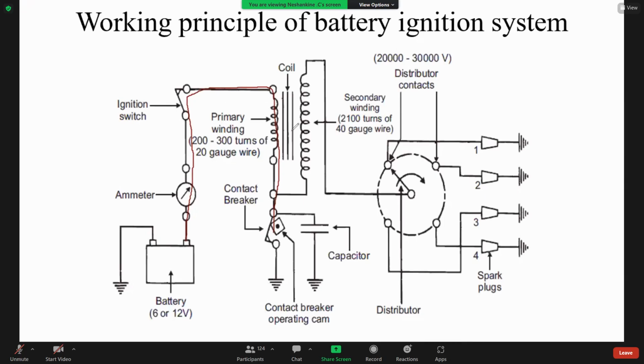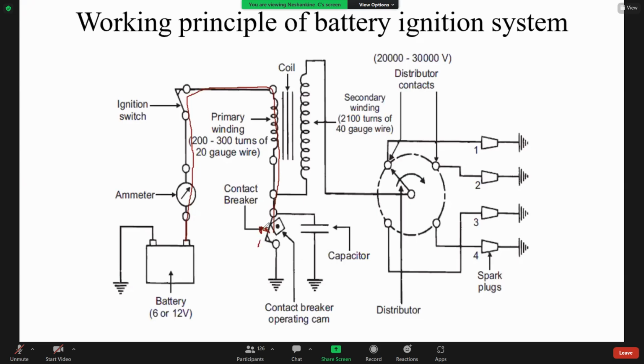After a particular time, we observe the peak current pass, the amount of current is very high. At that time, this cam opens this circuit. If it opens, what will happen?